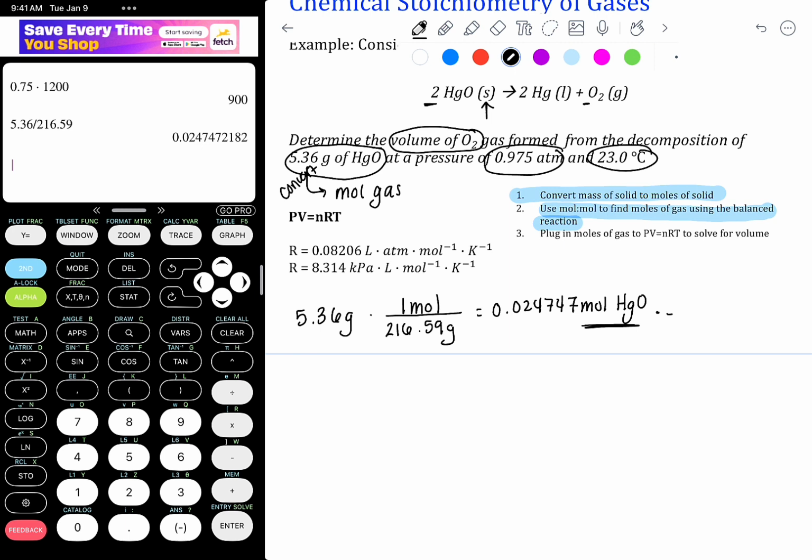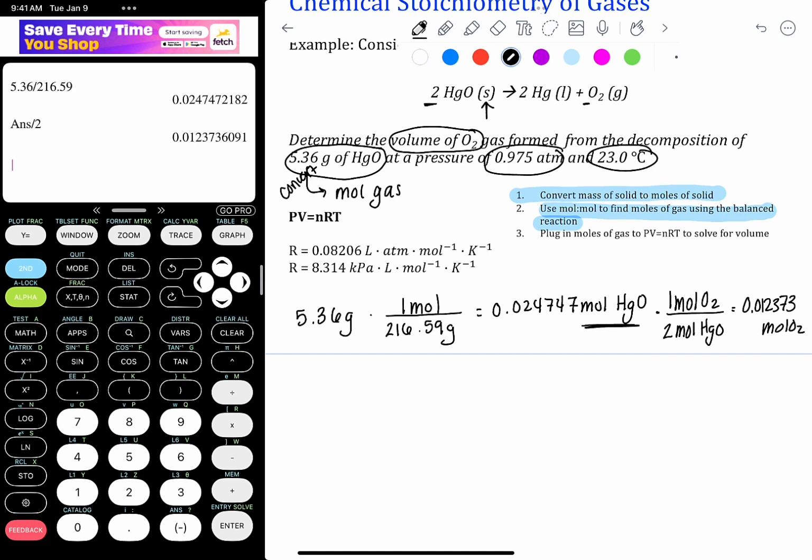So we can set up our equivalency. 2 moles of HgO give us 1 mole of O2. So we just take our mole value and we divide it by 2 to get 0.012373. And that is moles of O2. So the 0.012373 moles of oxygen can now be used in PV equals nRT.